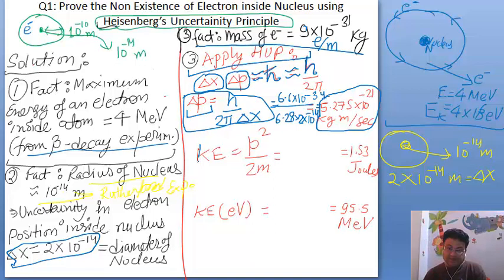Okay, so we have considered that the electron is inside the nucleus, so its momentum has to be of the order of this 5.275 into 10 to the power minus 21.